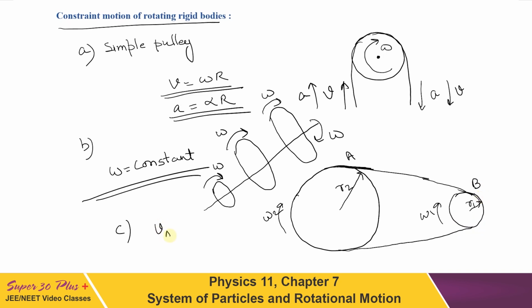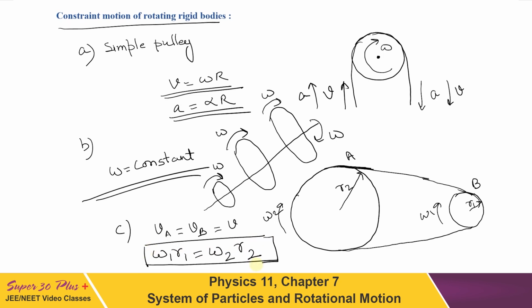So we write VA equal to VB, because these are points of a single belt or string, which cannot be different. So if VA is equal to VB, then omega 1 R1 has to be equal to omega 2 R2, which is a very important relation through which we will get one equation while solving numerical problems.